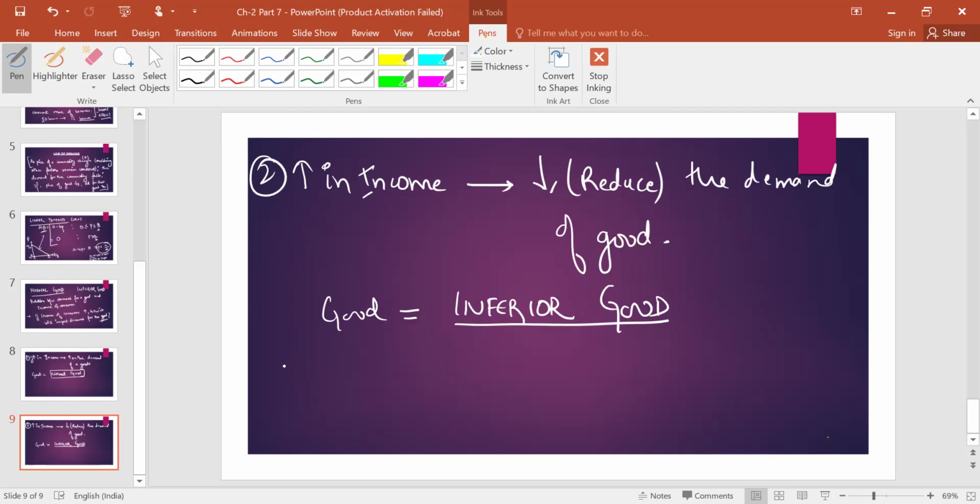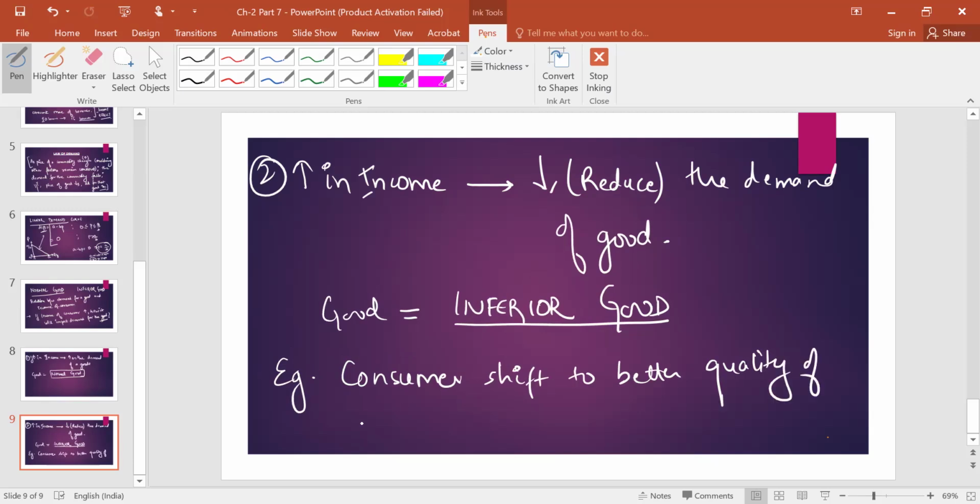Why so? Let's give an example. The consumer would, let's say, earlier be consuming low quality cereals, but as the income increases, they would shift to better quality cereals or better quality grains, and reduce the demand for low quality cereals.